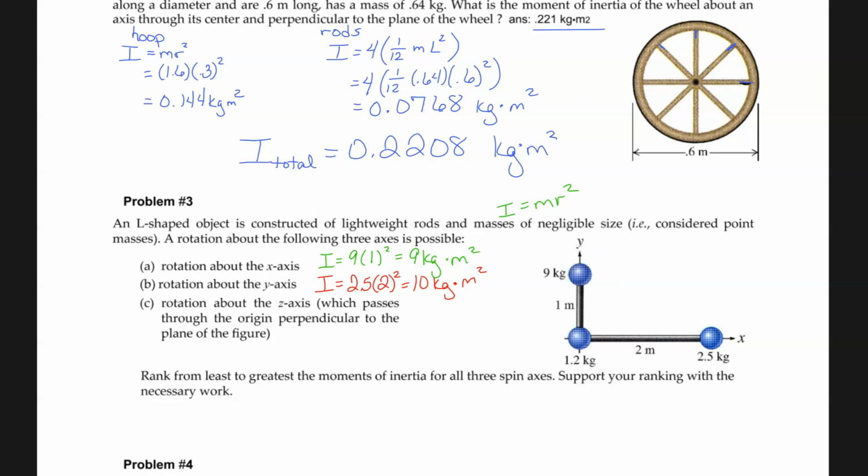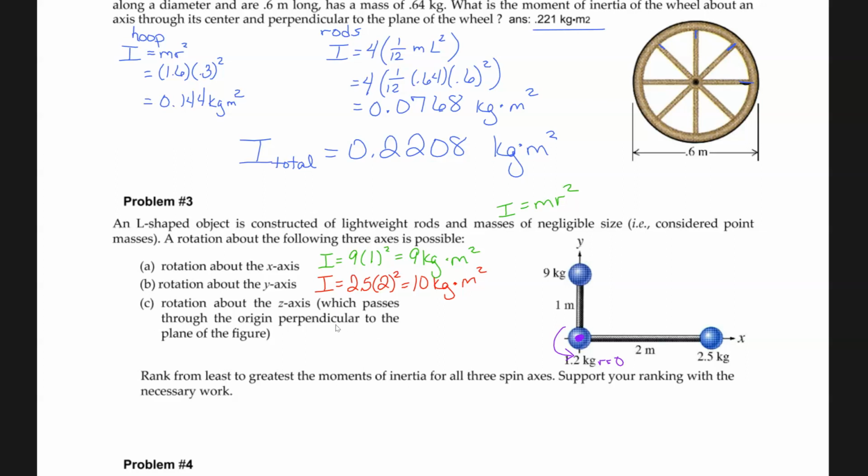Now, instead of those, what if instead I said, okay, our axis is coming out, staring straight out at you, that z-axis, and we are rotating about that z-axis. Obviously, the 1.2 has a distance out of 0.